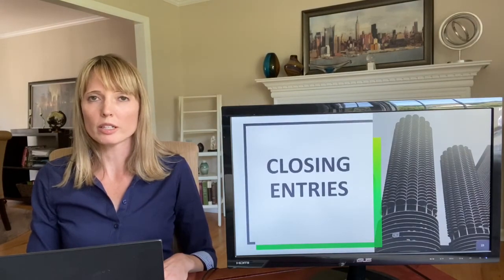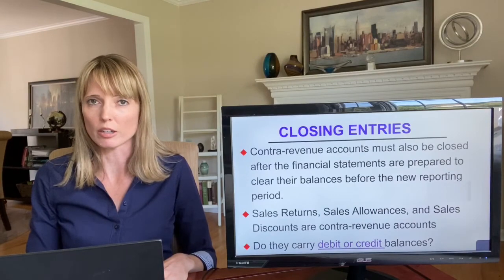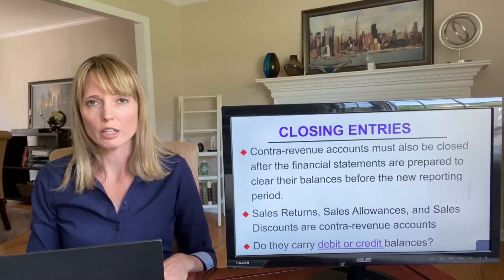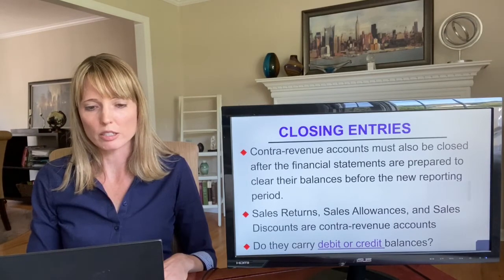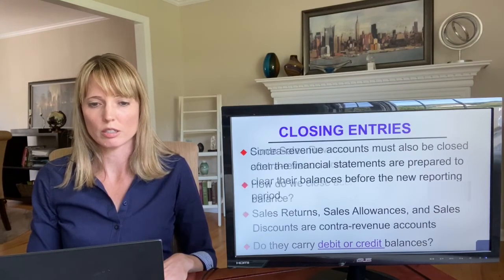Now I want to make one comment on closing entries. While closing entries are relatively the same as they are for any account, our contra revenue accounts are a little bit tricky. Remember, revenues carry credit balances, and our contra revenue accounts, sales returns, sales allowances, and sales discounts, carry debit balances. We need to keep that in mind when we're booking our closing entries.